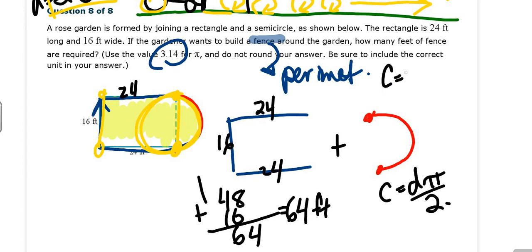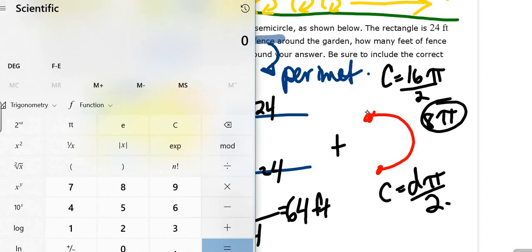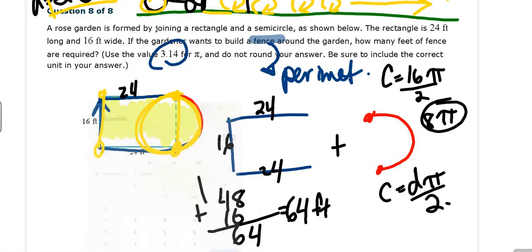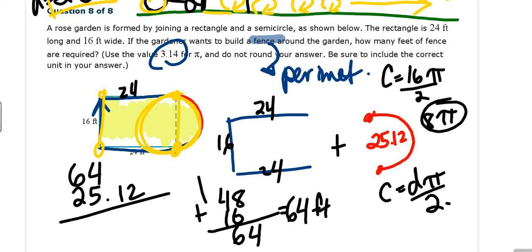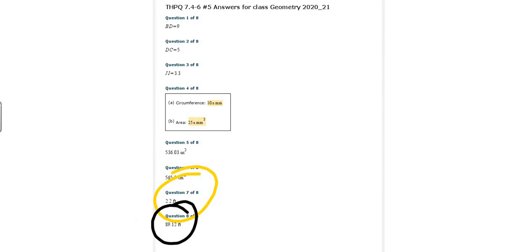So C equals 16 over 2 pi, which is simply 8 pi. 8 times 3.14 exactly, get 25.12. So the complete fencing is going to be 64 plus 25.12. Do not round your answer, so we should be getting 89.12 feet, which is right there.